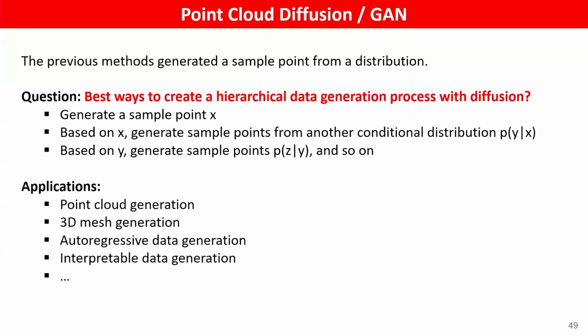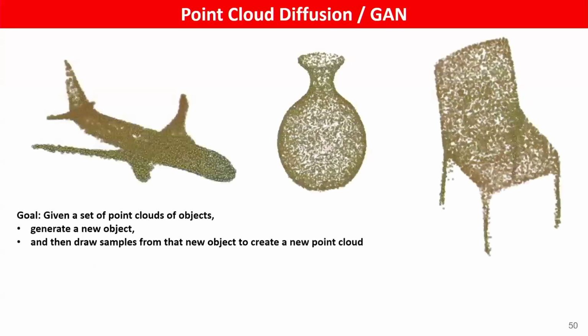Thank you. So the next one is related to how we can generate more complicated objects. For example, if the goal is to generate a point cloud. We developed a GAN-based point cloud generation, but there are diffusion-based point cloud generation algorithms as well. And here it's like a hierarchical generation process, because first you decide what kind of object you want to generate.